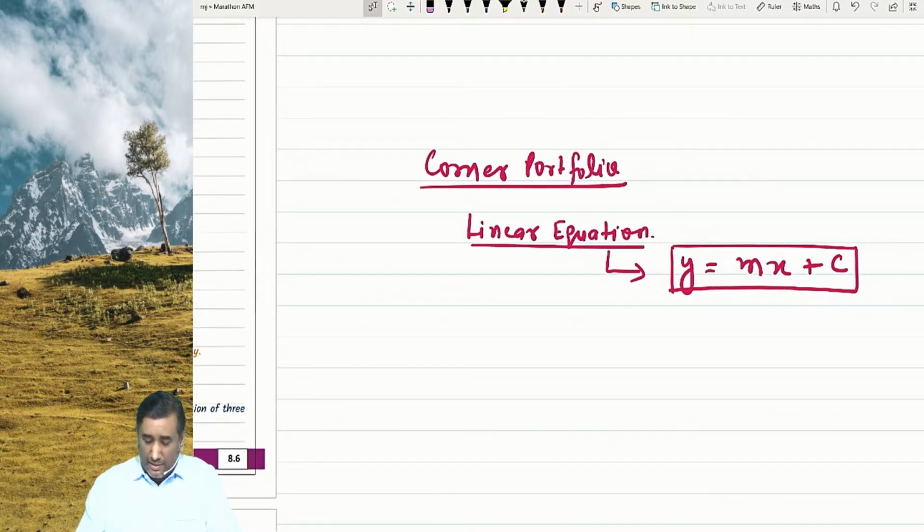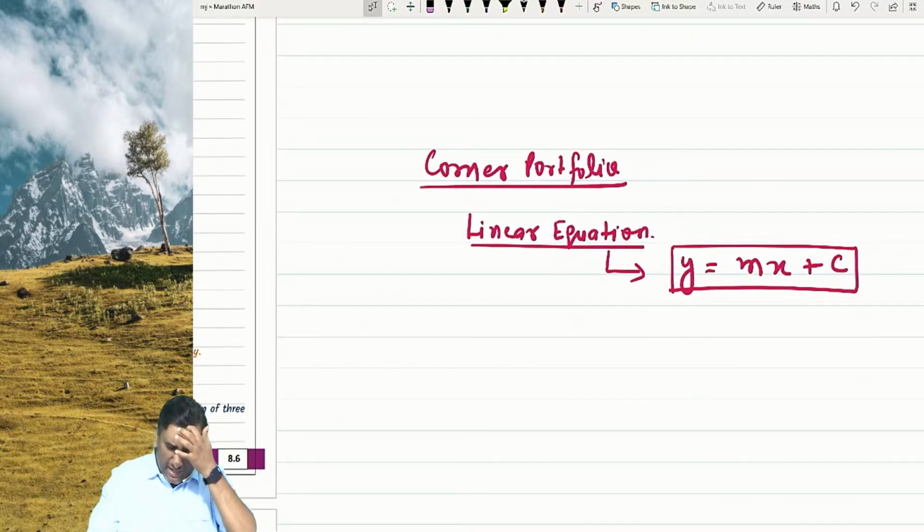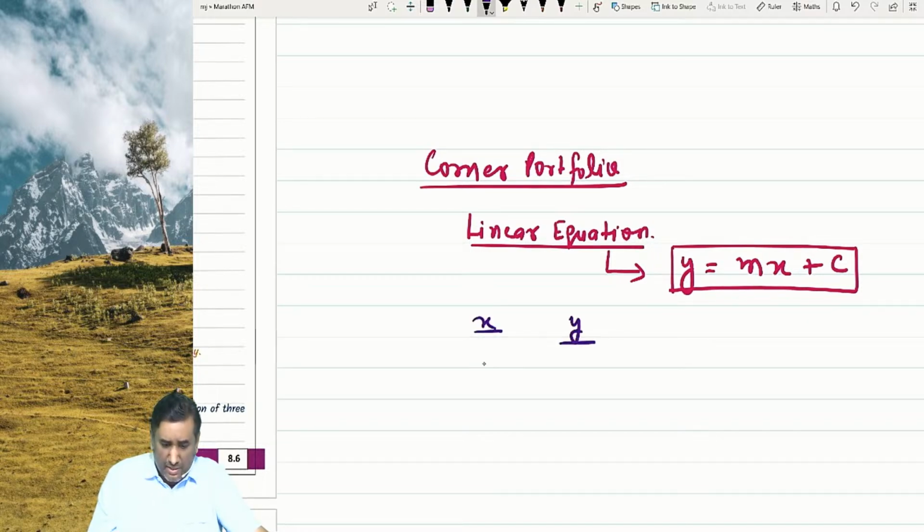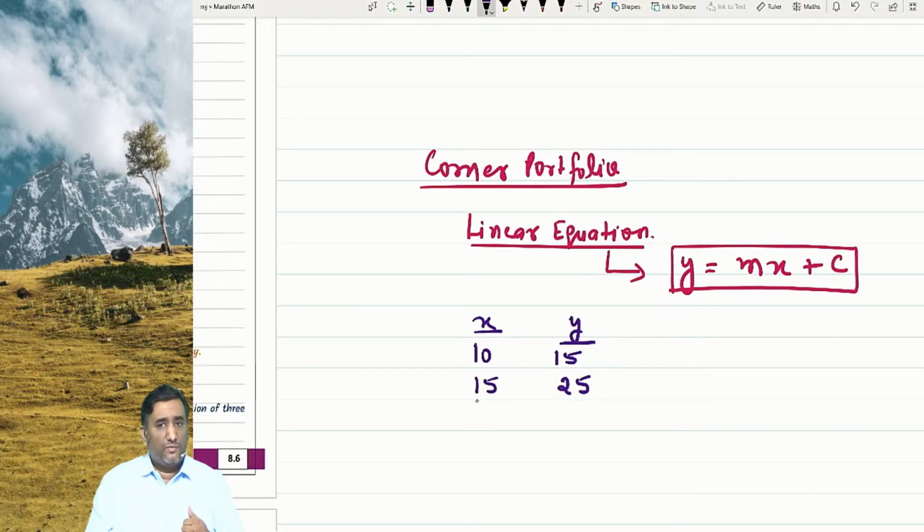Let me just put down some figures and tell me as per your common sense what happens. Let's suppose X data I give you. If you want, you can put your numbers, that's fine. Let's suppose X gives me 10% return and Y gives me 15, and X gives me 15, Y gives me 25. Now it means what? In general language, X is moving by how much? 5.